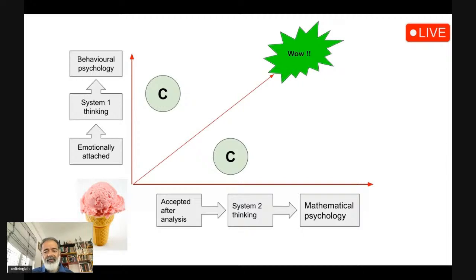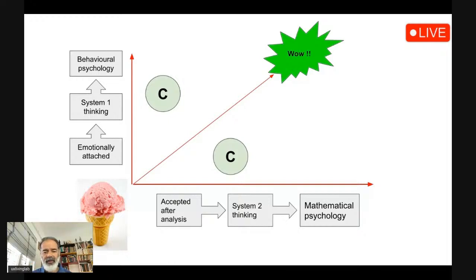Think if you can find a match between these two, because the human mind does not depend on just emotions, they will think, and the human mind does not take decisions just based on analysis. There are emotional factors. So a consumer's decision is a combination of emotional factors as well as analysis, right?